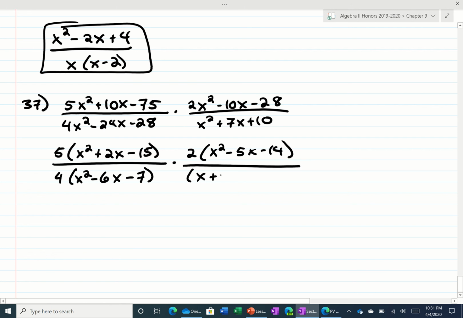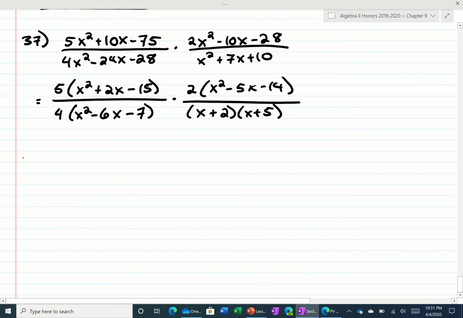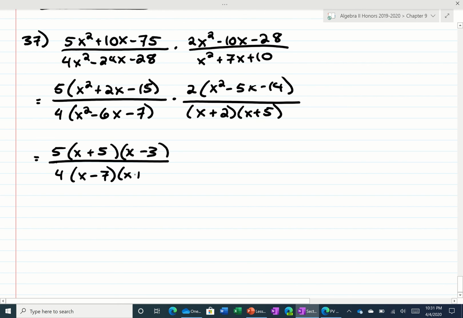This is going to factor to be x plus 2 times x plus 5. Okay, so let's keep going now. This would be x plus 5 times x minus 3. This would be 4 times x minus 7 times x plus 1 times 2 times, let's see, factors of 14, 7 and 2.